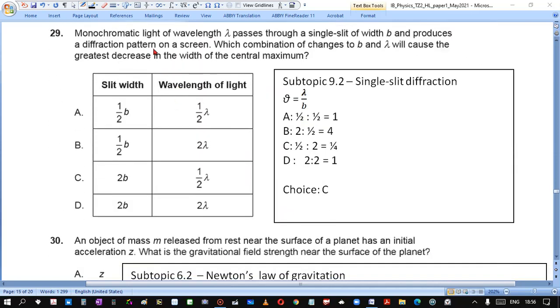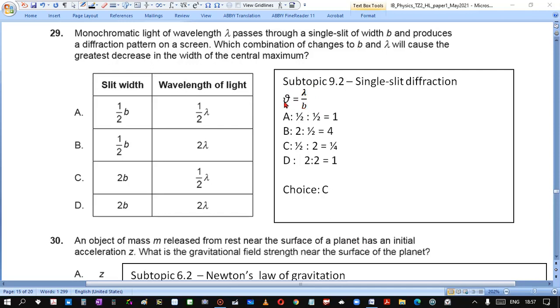Question 30. Monochromatic light of wavelength lambda passes through a single slit of width b and produces a diffraction pattern on a screen. Which combination of changes to b and lambda will cause the greatest decrease in the width of the central maximum? The size of the central maximum is given by the position of the minimum from the data booklet. So the angle is given by lambda over b.